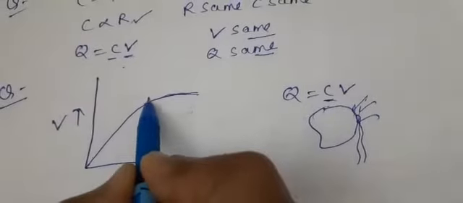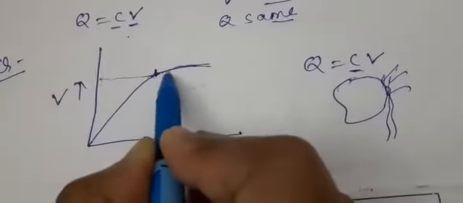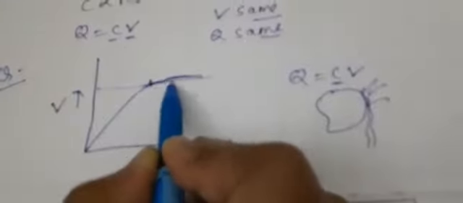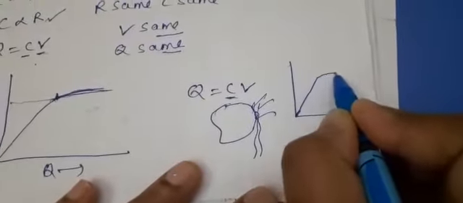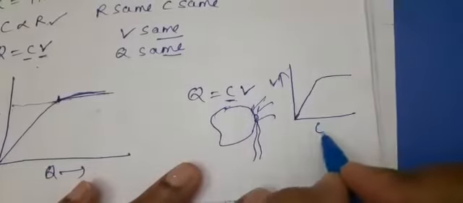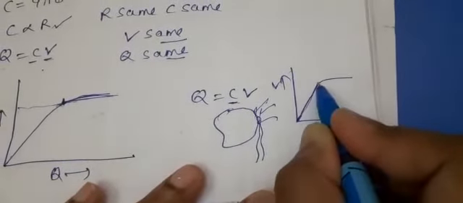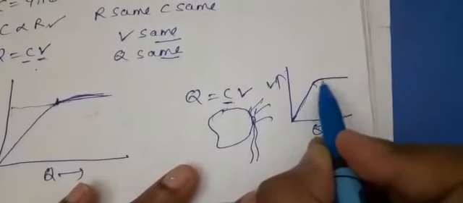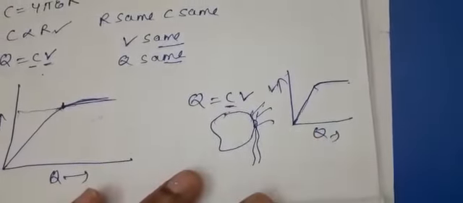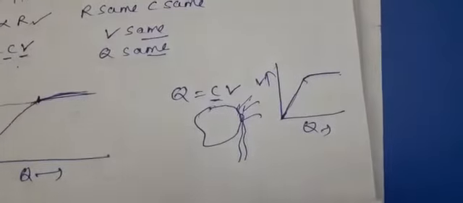So at this point, the potential remains constant after that. Rather, you can take it as exactly like this, and after that it is constant. So here potential is increasing with the rise of charge, but when extra charge is given, after that there will be no increase in its potential. It will remain the same.